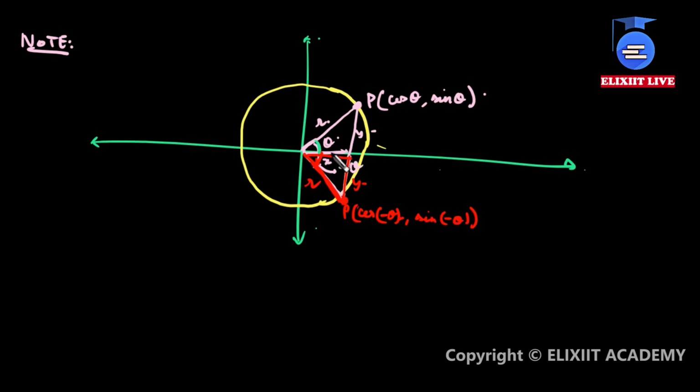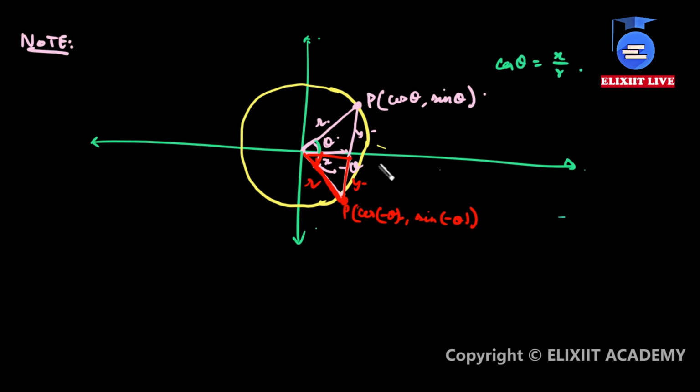Can you easily see from here? Cos theta is x by r, base by hypotenuse. This x is always positive; only y is negative in this case. For the first quadrant, cos theta is x by r.